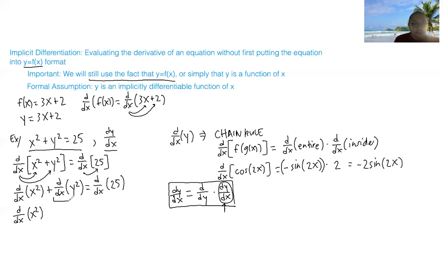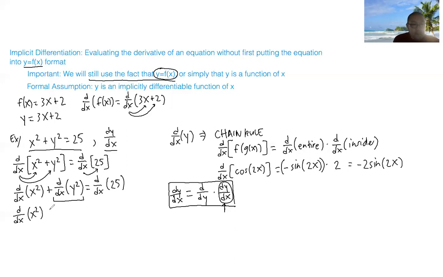First term is the same. Now, this is where our assumption that y is a function of x is going to come into play. And so just think of this as the chain rule. And so it's going to look like this. I'm going to do this just so you can see. Okay.